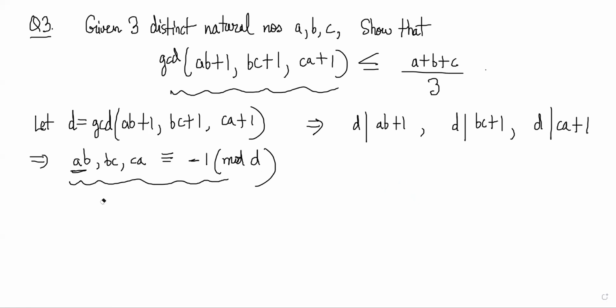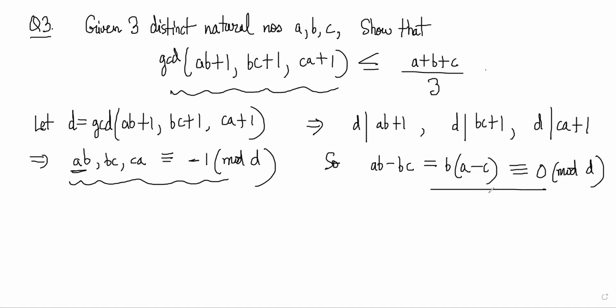So we get this result: AB, BC, CA are congruent to minus 1 mod D. So now we can say that AB minus BC will be equal to B times (A minus C), and that should be congruent to 0 mod D, right? If you subtract two numbers which are congruent to minus 1 mod D, they will be congruent to 0 mod D. So B times (A minus C) is congruent to 0 mod D. This is what we are getting so far.